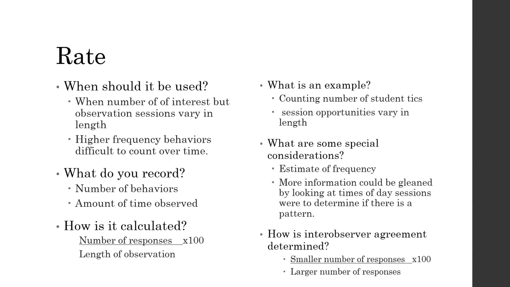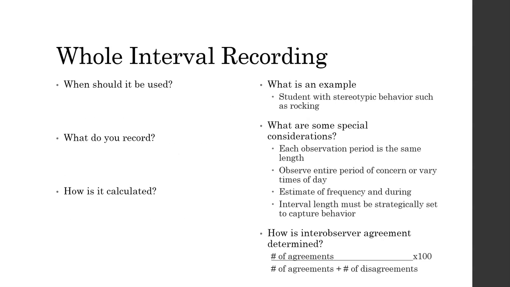This could be used for counting the number of student ticks, or if your session opportunities vary in length. This gives you an estimate of frequency. More information could be gleaned by looking at times of day and sessions to see if there's a pattern. Inter-observer agreement is calculated by dividing the smaller number of responses by the larger number of responses.